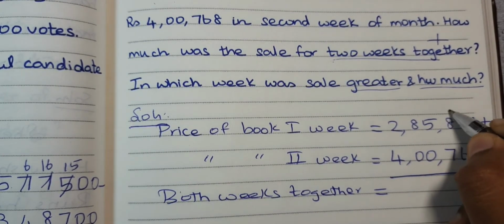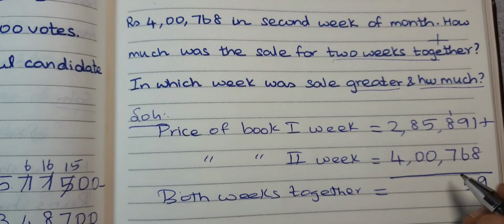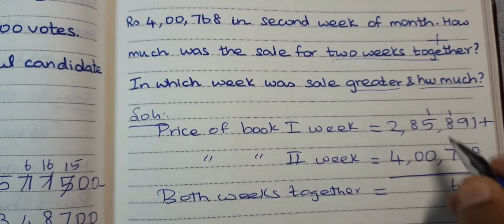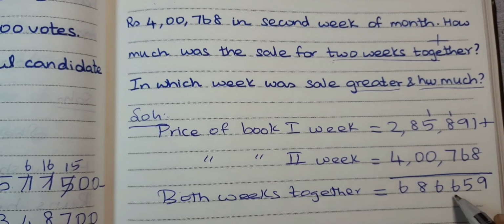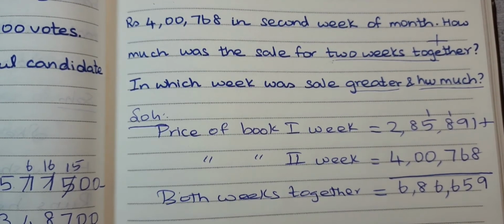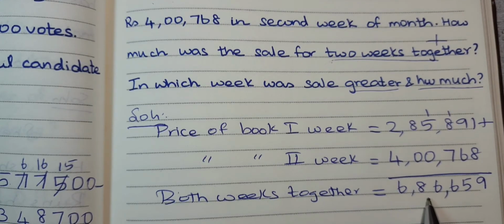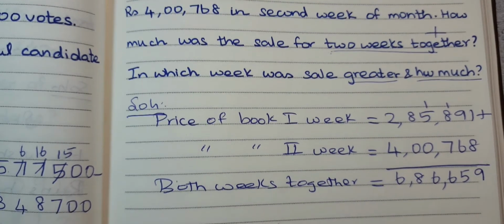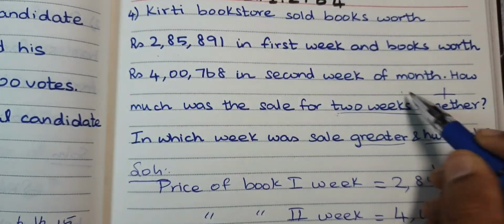So 1 will get carried over here. 8 plus 7 plus 1, 16. 1 will get carried over. 1 plus 5, 6, 8. So both weeks together, 6 lakhs 86,659 rupees. Okay, the first question is over.